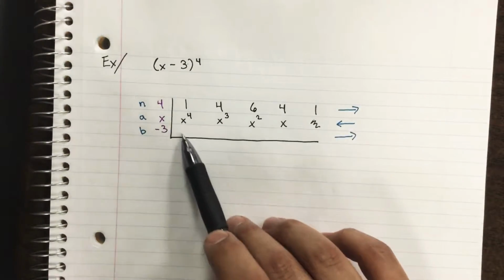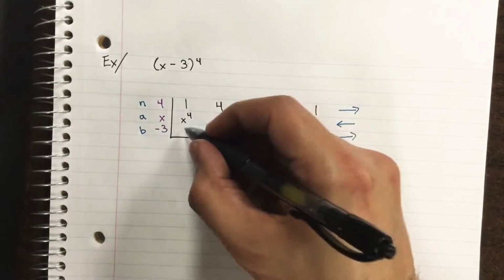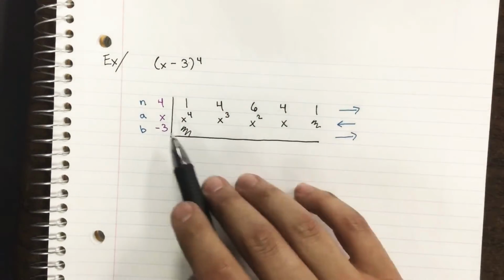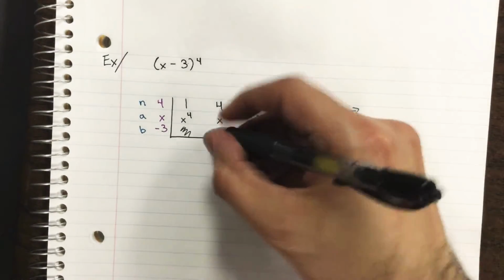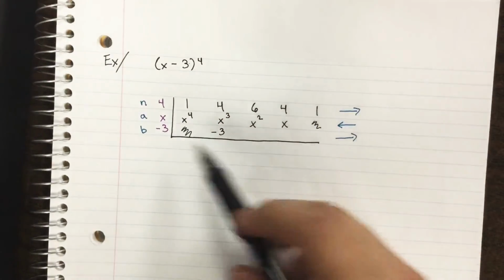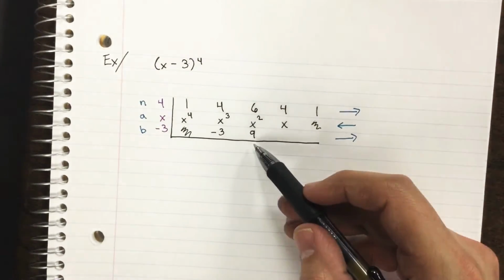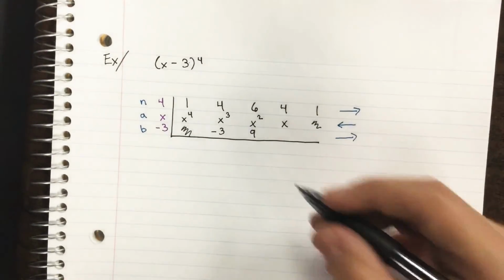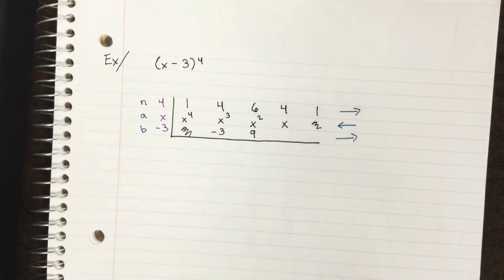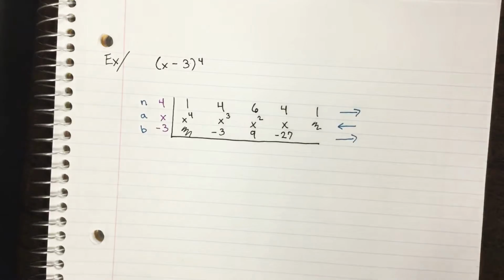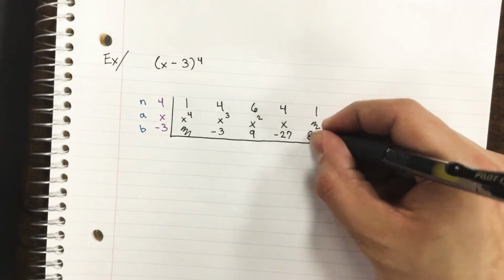So going this way, coming back around, this will be a 1 or a squiggly or a blank, and then I bring in my -3. So -3 times -3, that's 9. 9 times -3 is -27. And then -27 times -3 is 81.